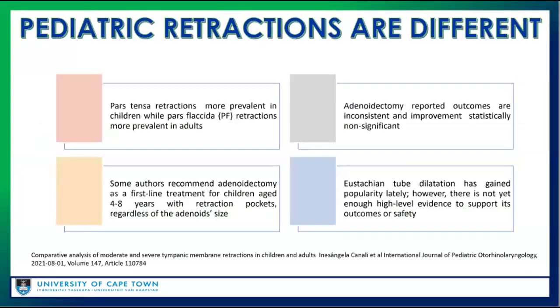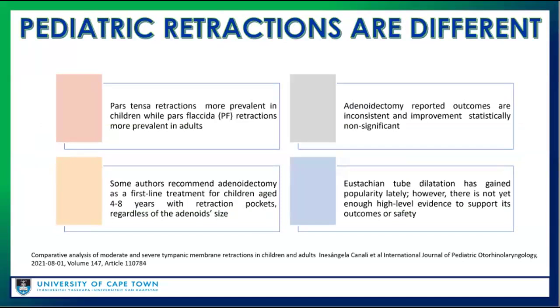Pediatric retractions are different in the sense that the pars tensa retraction tends to be more prevalent in children, while pars flaccida retractions are more prevalent in adults. In a study analyzing moderate and severe tympanic membrane retractions in children and adults, it was found that some authors recommended adenoidectomy as first-line treatment for children aged 4 to 8 years, irrespective of the adenoid size.